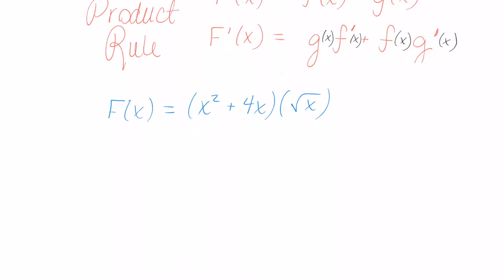I'm going to call my first function f of x, and the second function g of x. Now, this radical is going to pose a problem, and we need to rewrite that as an exponent, so x to the 1/2.